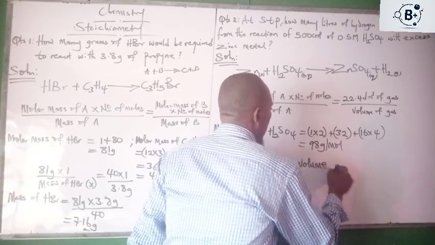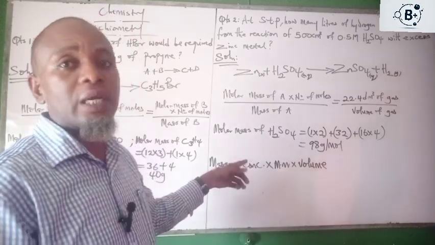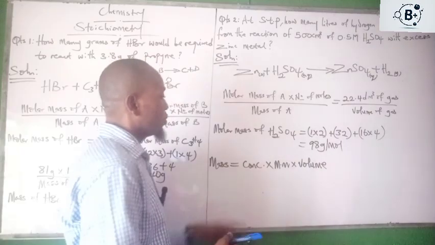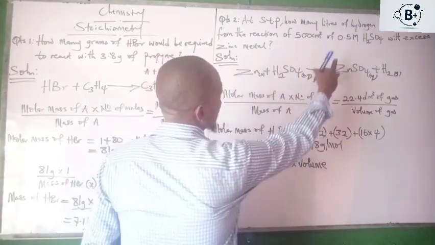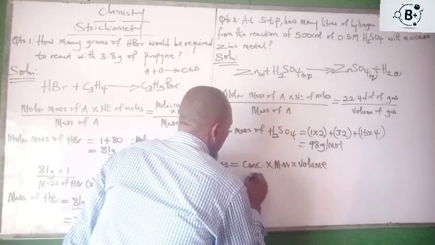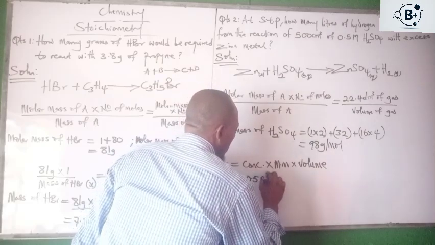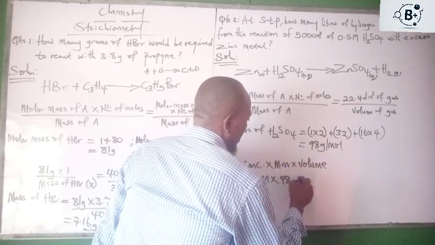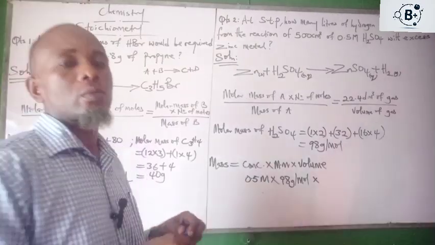So this is how we get the mass of the substance. The concentration has been given to us as 0.5 mole, so 0.5 mole times the molar mass, which is 98 gram per mole, which we got here.